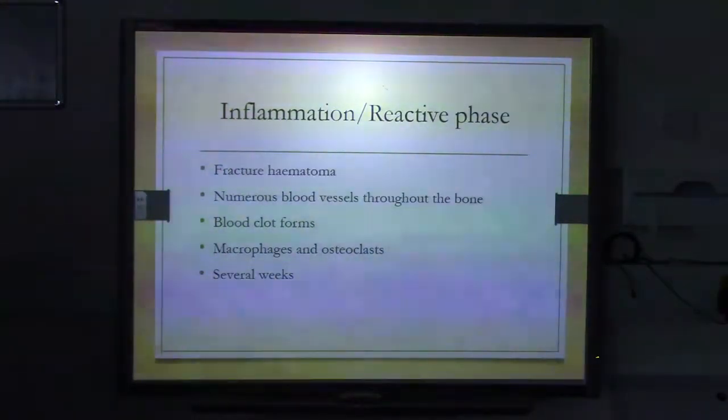So inflammation and the reactive phase. When an injury occurs to the bone, the inflammatory phase happens first off. And the formation of a hematoma generates the production of cytokines and growth factors. We think of the inflammatory phase with wound healing. This is effectively no different.